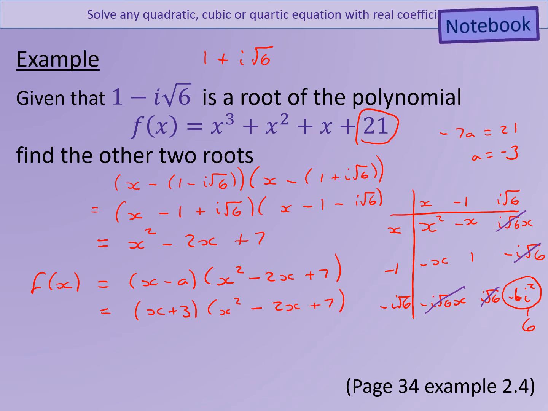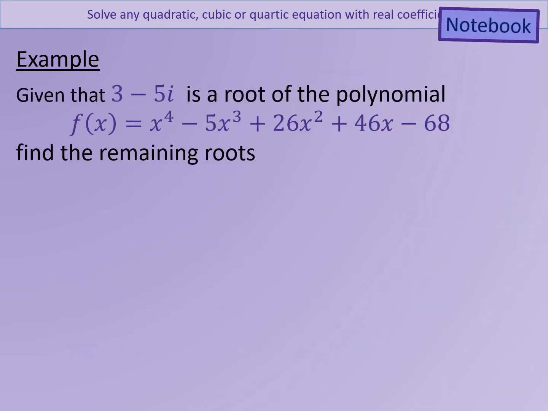So that tells us that the roots are x equals minus 3, that's the real root, x equals 1 minus i root 6, which we were given in the question, and x equals 1 plus i root 6, which is the complex conjugate. So we've got one real root and two complex conjugate roots.